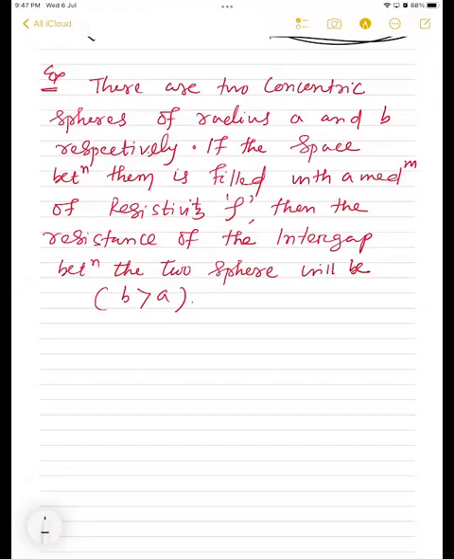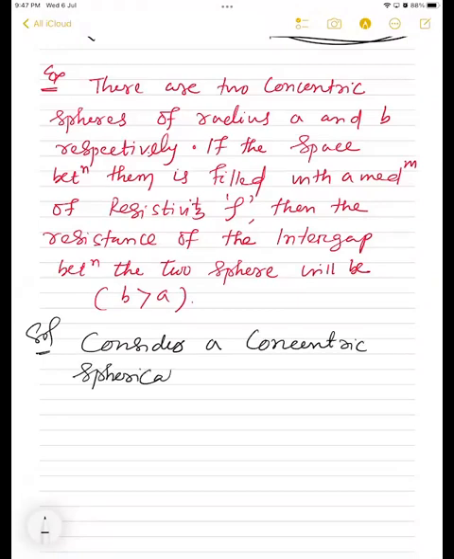Students, in the same way, consider a concentric spherical shell of radius x and thickness dx.